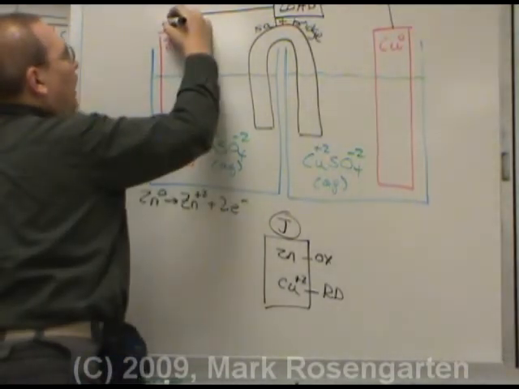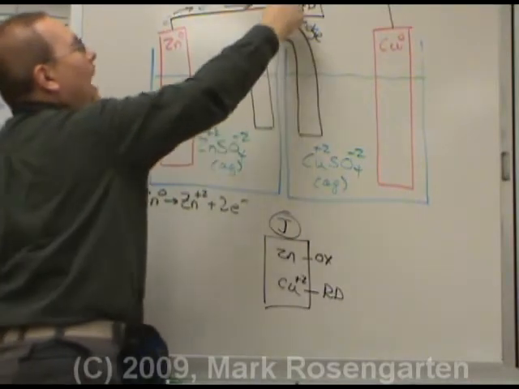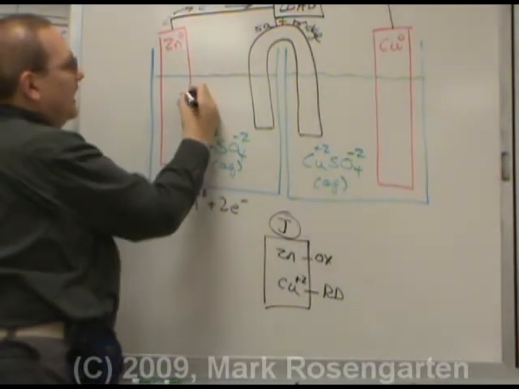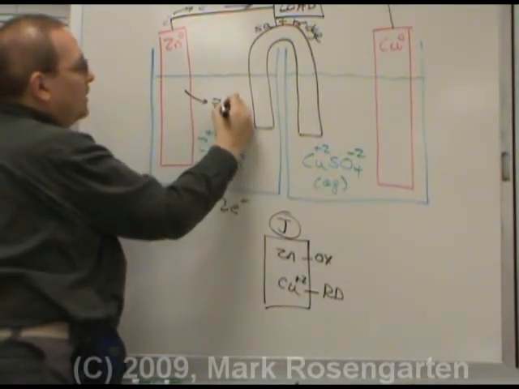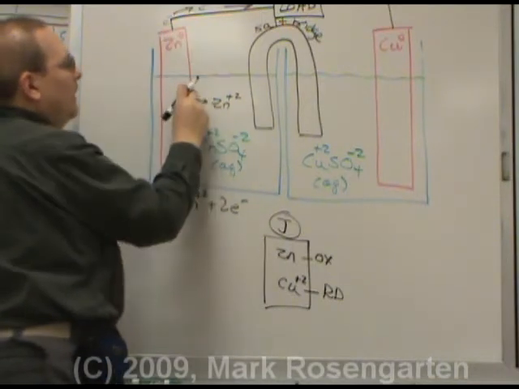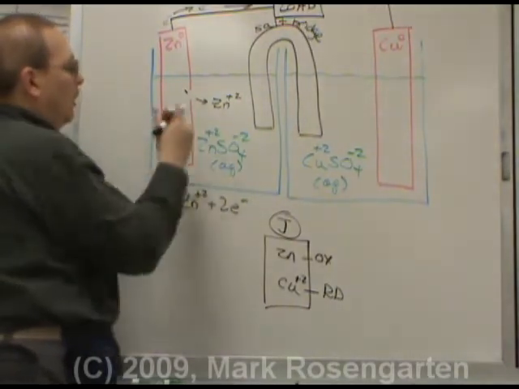The 2 electrons go through the wire and power the device that we call a load. In the meantime, the zinc strip dissolves and the zinc plus 2 goes into solution. Every zinc that leaves makes the zinc strip that much smaller.